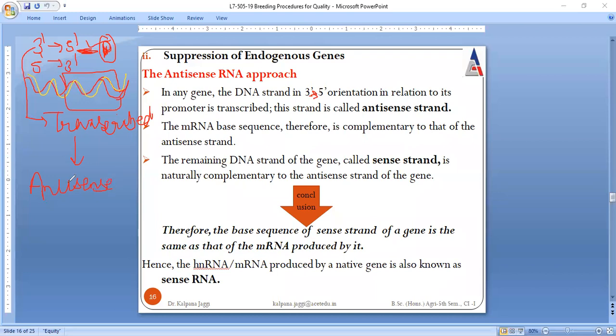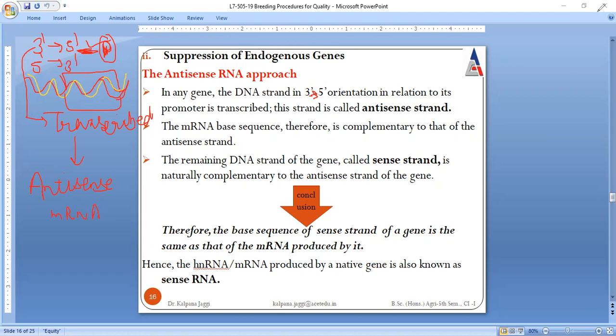The strand that is in the orientation 3' to 5' and which, when transcribed in relation to its promoter, is called the antisense strand. Transcription means this acts as a template and results in the synthesis of mRNA.